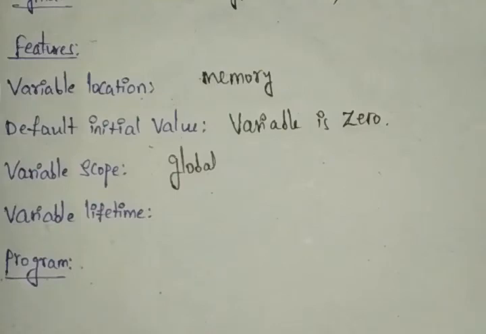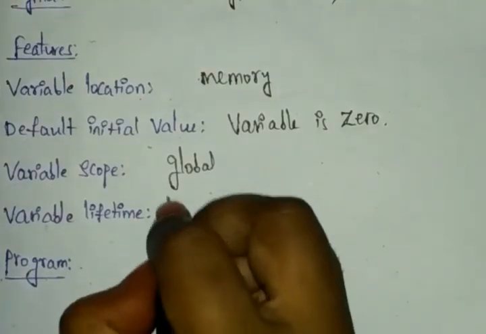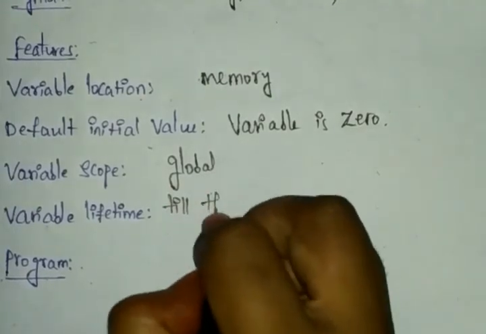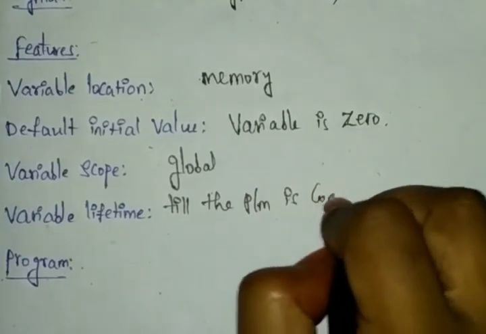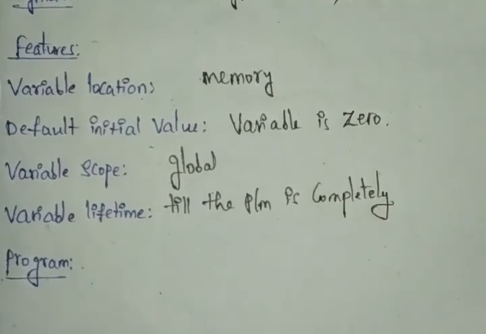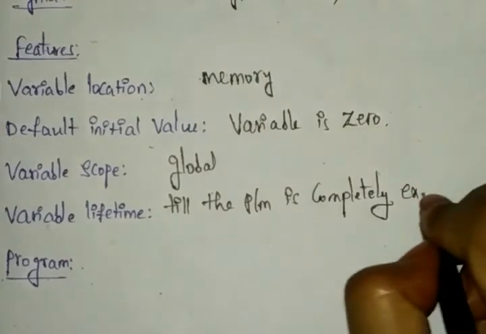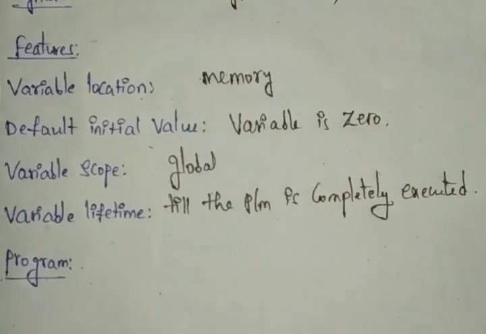It is active till the program is completely executed. It is not stopping from one step to another step. It is completely executing our program from the start of the program. It is checking everything, and only after that does it stop our process.